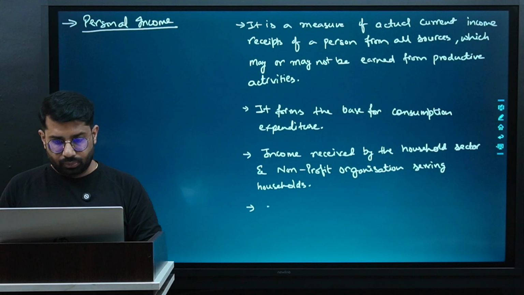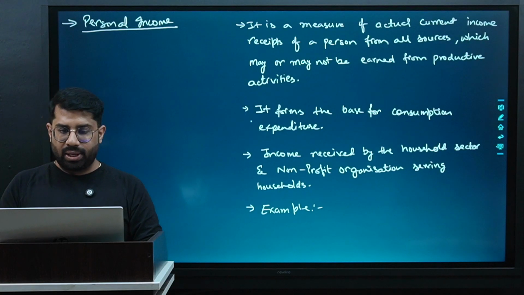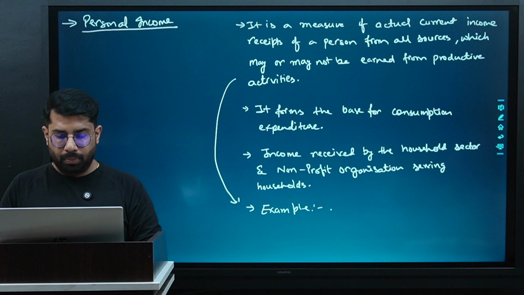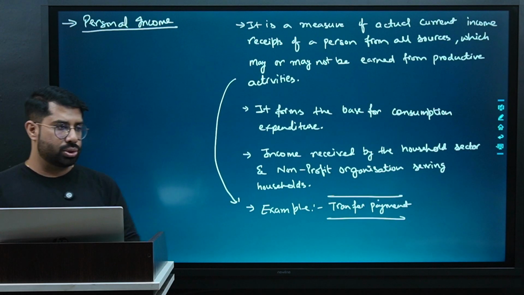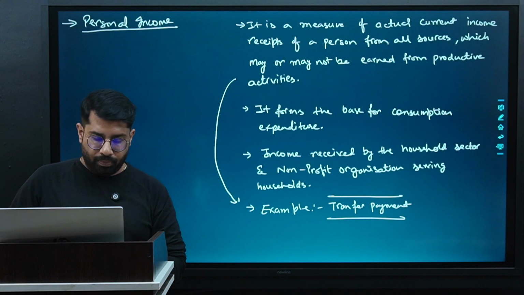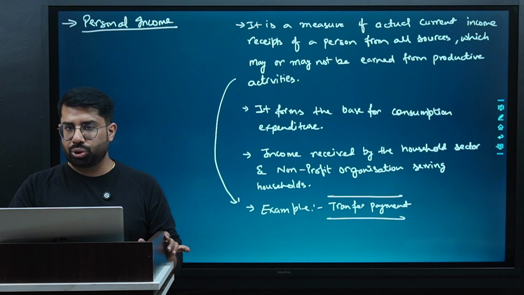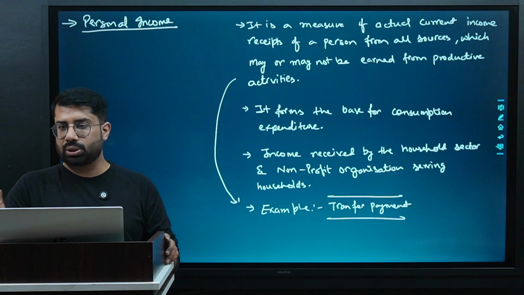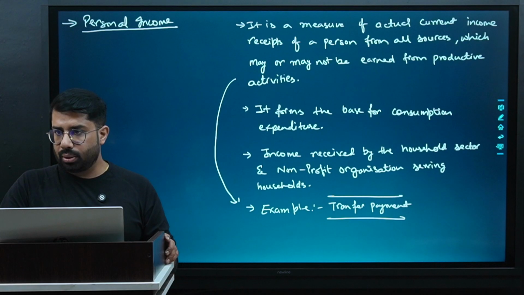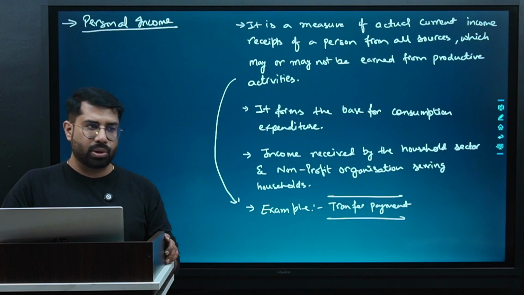When I say that it may or may not be earned from productive activities, an example could be transfer payment from any source. For example, any social security benefit, what you are receiving from your employer, is also covered here in personal income.